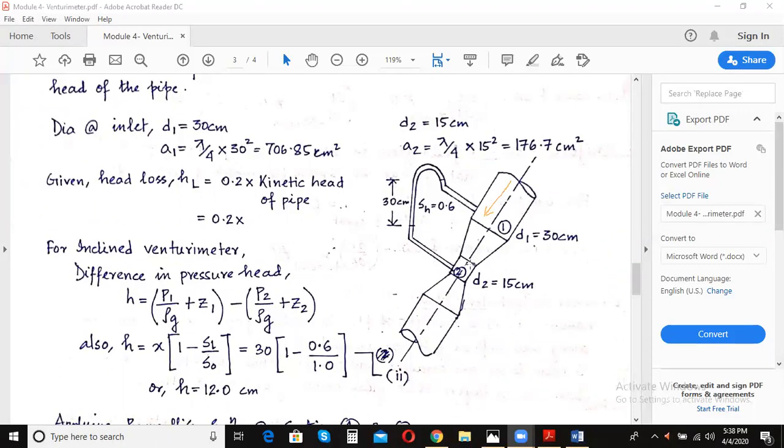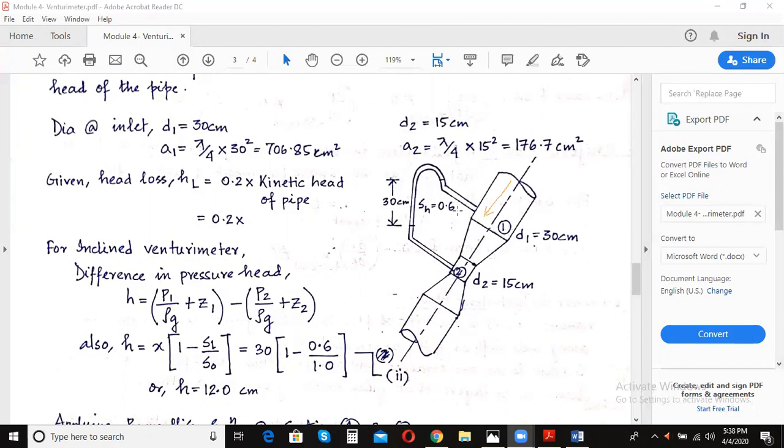Then we have a differential manometer, a U-tube manometer, which is also inserted across section 1 and section 2, which will help us in measuring the difference in head, okay, the difference in pressure and the potential head between these two sections, that is 1 and 2.